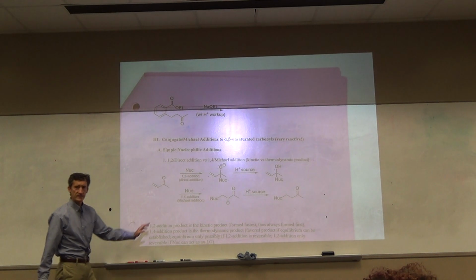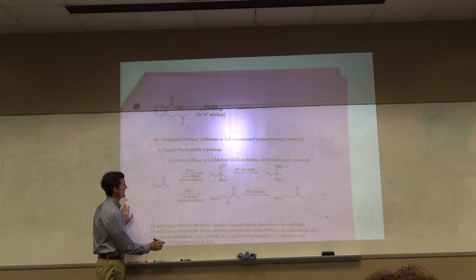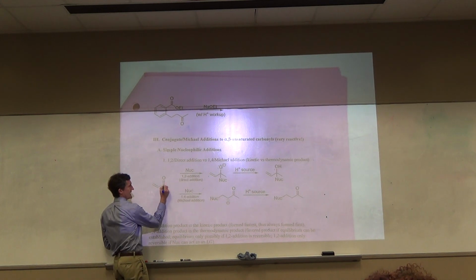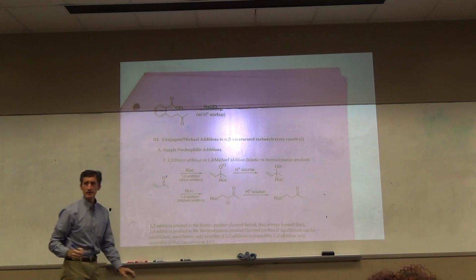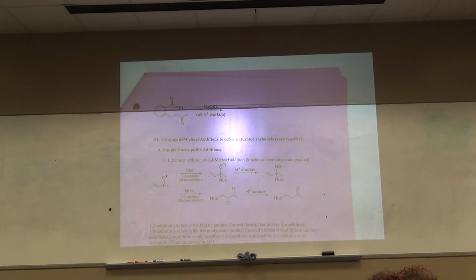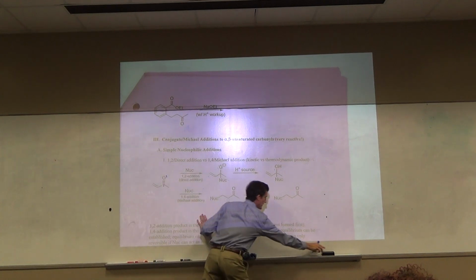That's called a direct addition to a carbonyl. It's also called a 1,2 addition, because the nucleophile is adding here and the electrons end up on the next atom. So 1,2. That may make more sense when we look at 1,4.